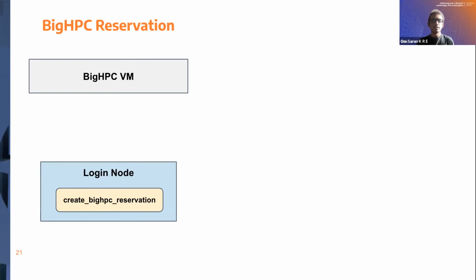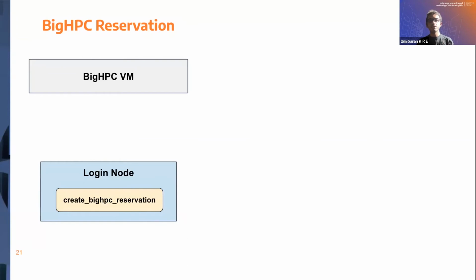So the way it is done is we have the BigHPC VM running in the public network, and HPC sites usually have something known as the login nodes, which, in the traditional sense, is used by the users to log into that node and create reservations so that they can execute their workload.